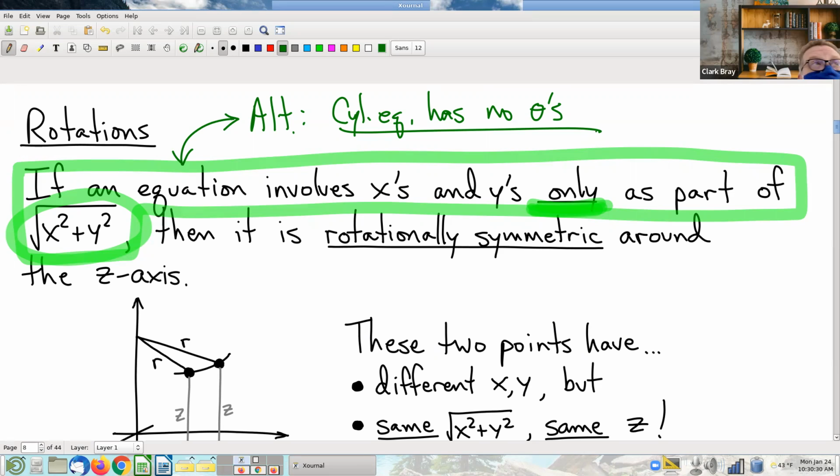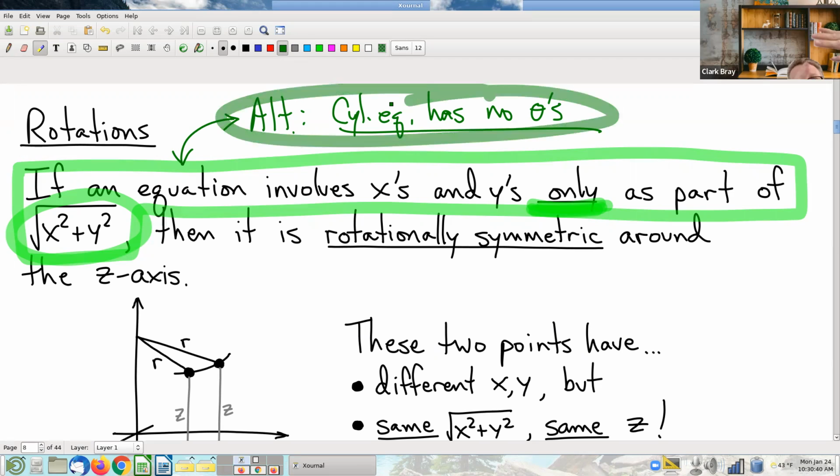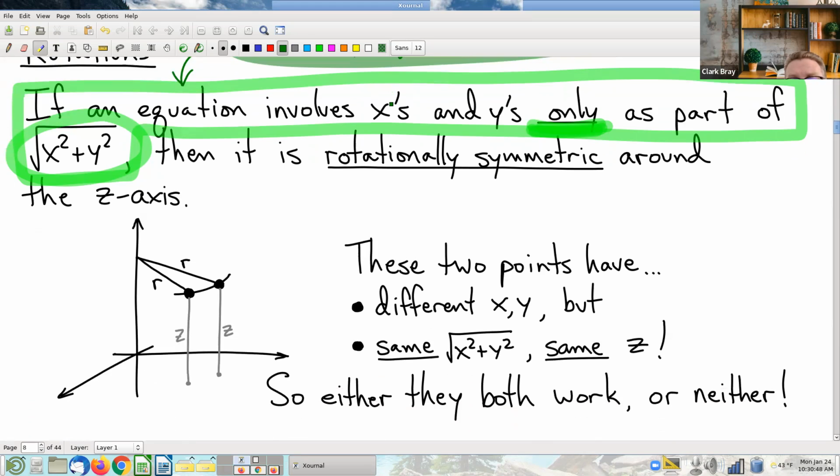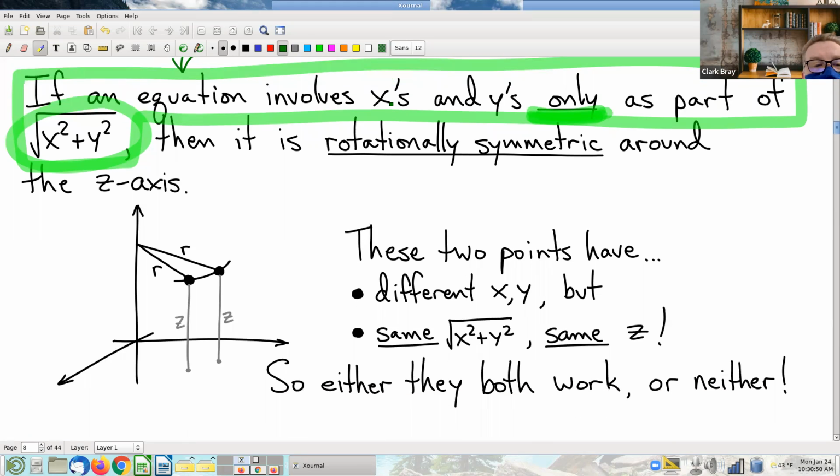Namely, there's no thetas. So we talked previously about this alternative point of view. If there's no thetas, that means all the cross sections off of the Z-axis all look exactly the same. So it's rotationally symmetric. Same deal here. This is just another way of saying that same thing, on the assumption that this is kind of a rectangular version of that same point.